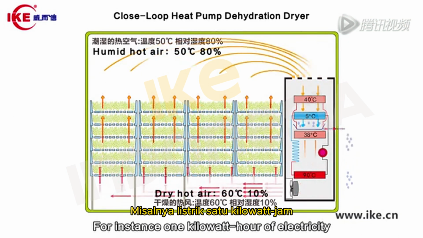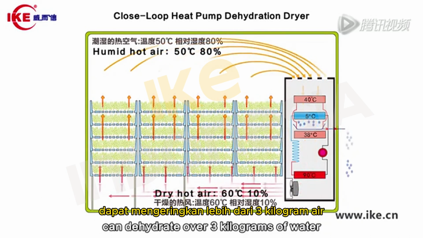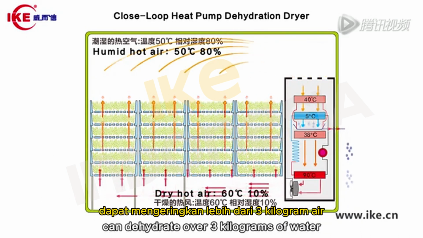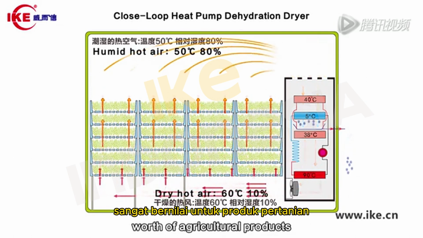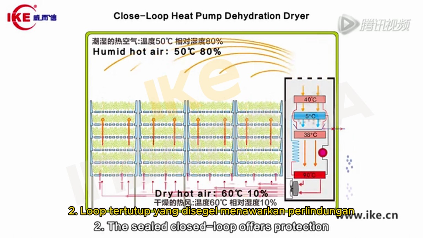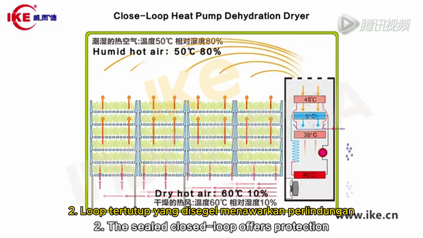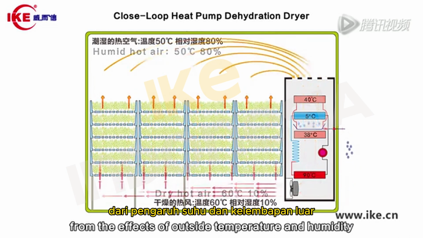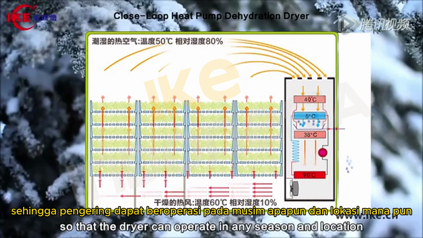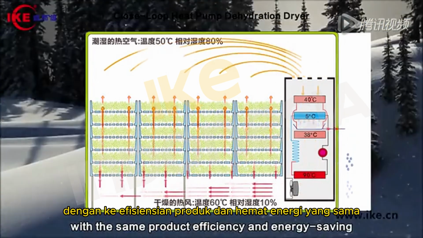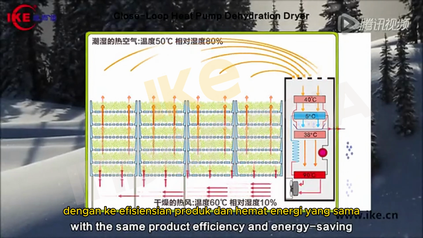For instance, 1 kilowatt-hour of electricity can dehydrate over 3 kilograms of water, and can easily dry 5 to 10 kilograms worth of agricultural products. Second, the sealed closed loop offers protection from the effects of outside temperature and humidity, so that the dryer can operate in any season and location with the same product efficiency and energy saving.